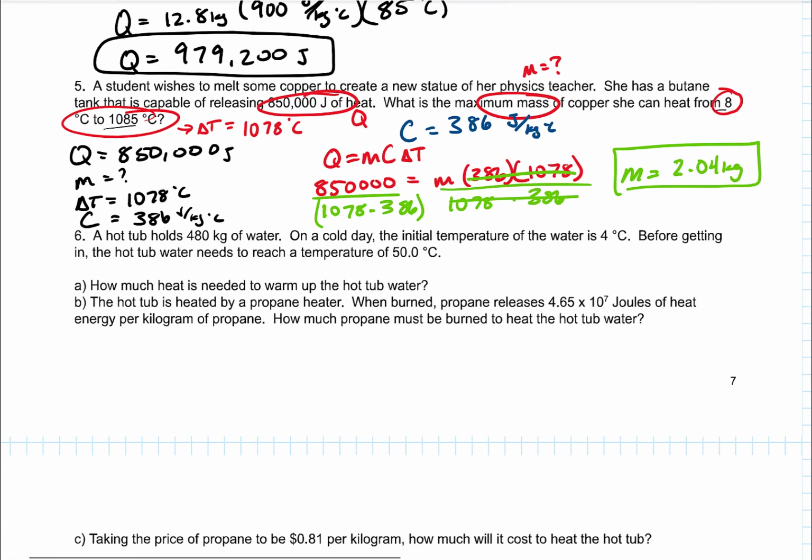6. A hot tub holds 480 kilograms of water. That is our mass. On a cold day, the initial temperature is 4 degrees Celsius, and it needs to reach a temperature of 5 degrees Celsius. So what we want is a delta T of 46 degrees Celsius.